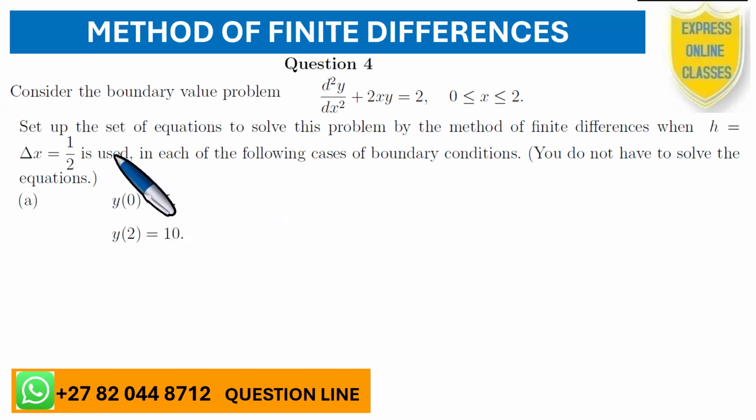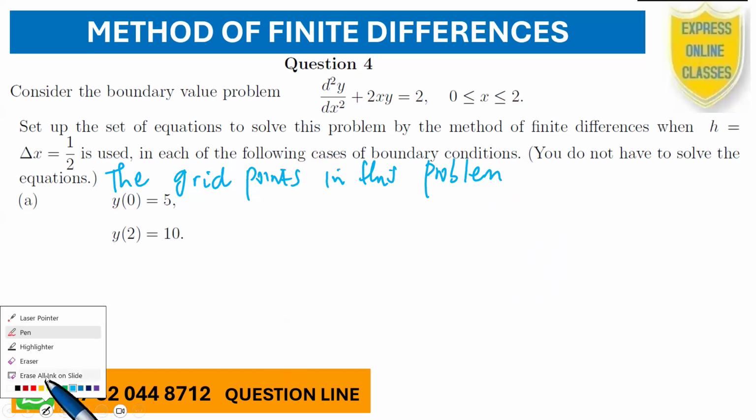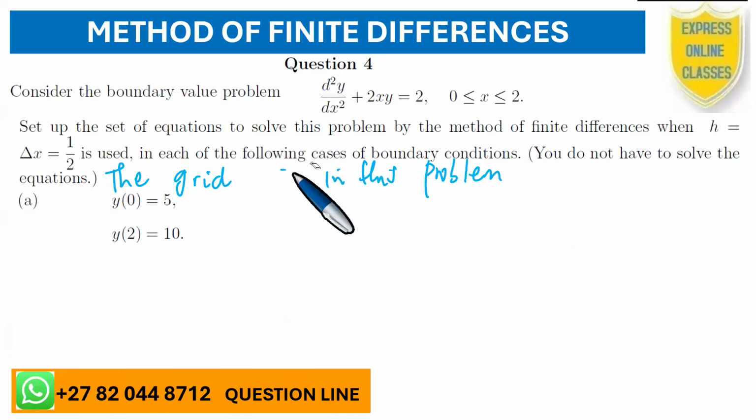We revert to our notion of what we call grid points, established in terms of the x positions in space, and we shall discuss that. So the grid points in this problem, or just the grid itself, and we shall elaborate on the notion of the grid.